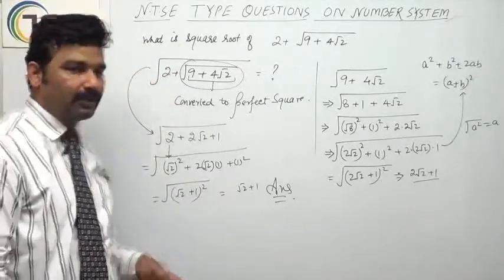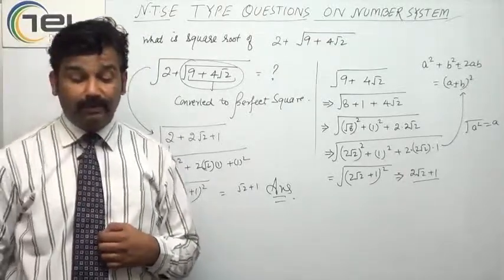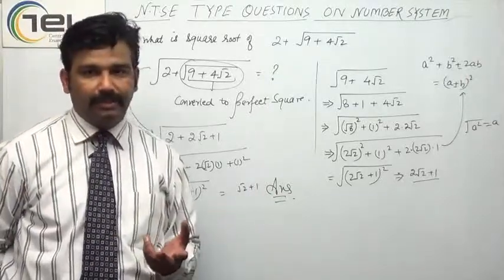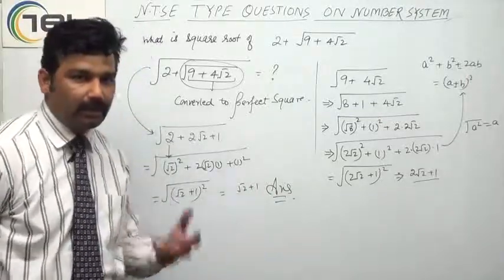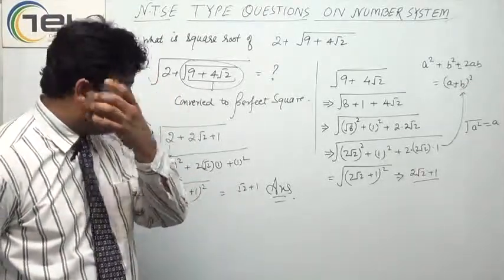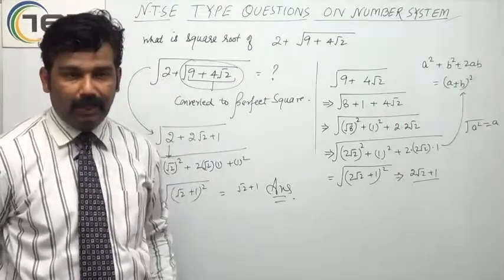We can find the square root of very small numbers, but finding the square root of a number which has this higher order is not easy. So these types of numbers which have this higher order, we have to solve them, each and every one.